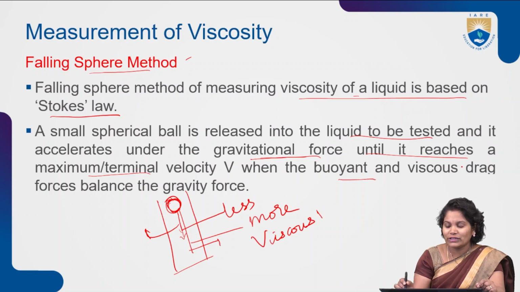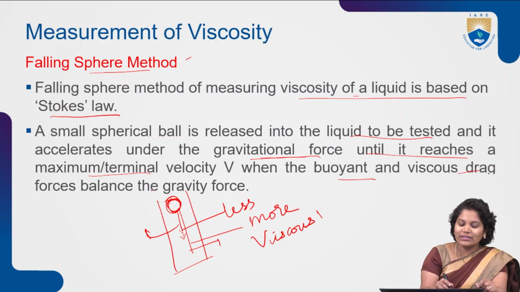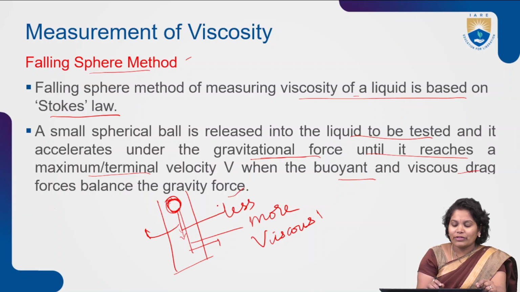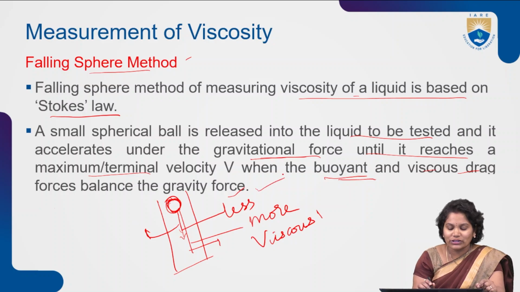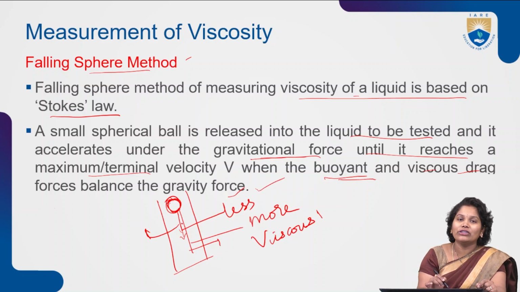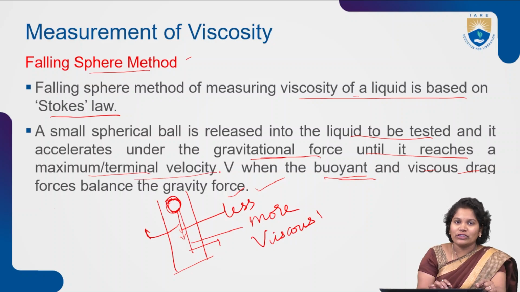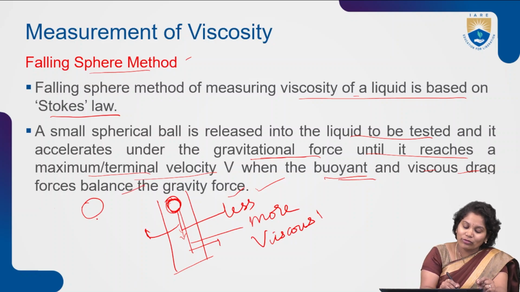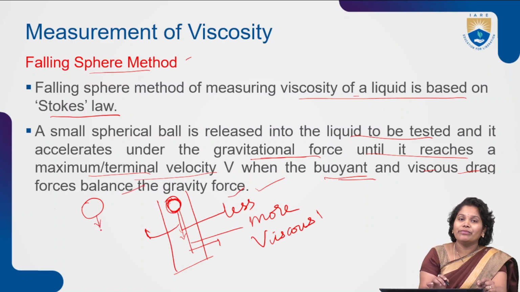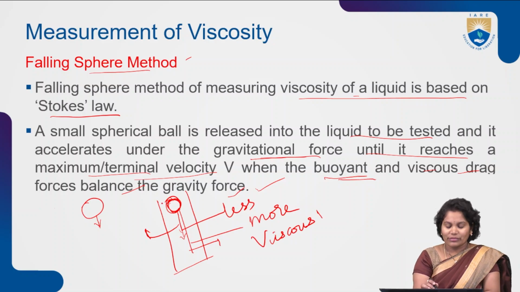When the buoyant force and the viscous drag force balance with the gravitational force, then the velocity with which the sphere moves, we call terminal velocity, right?